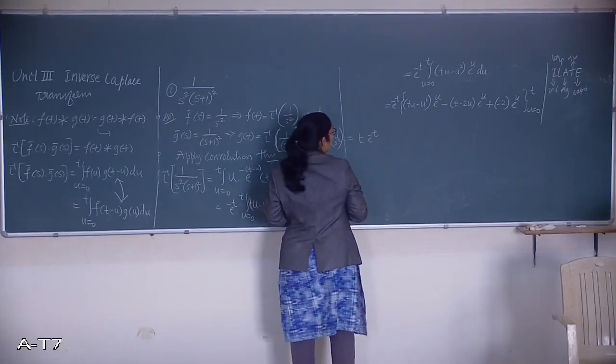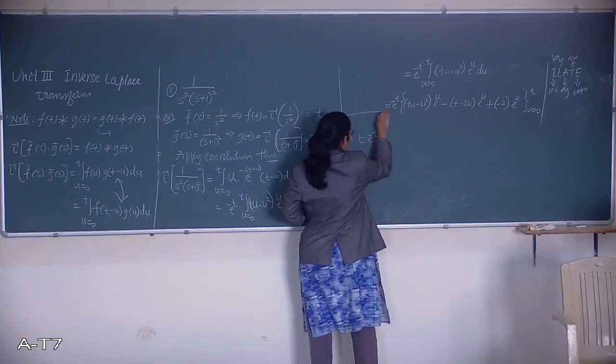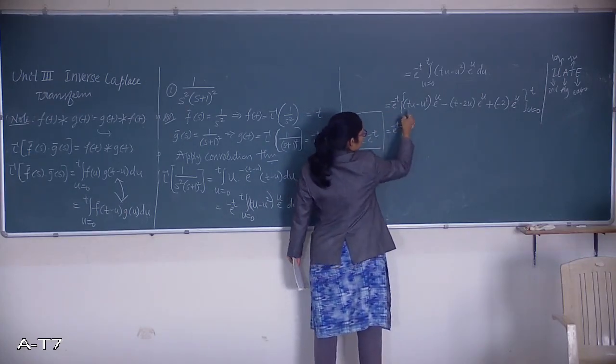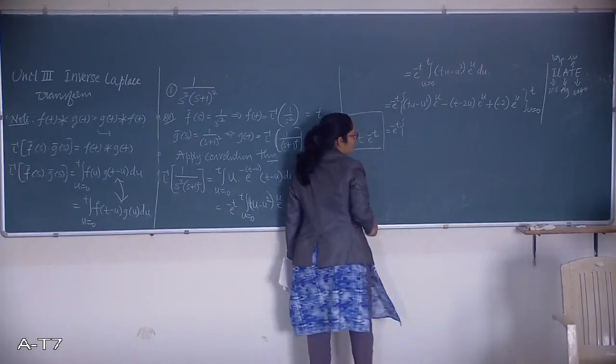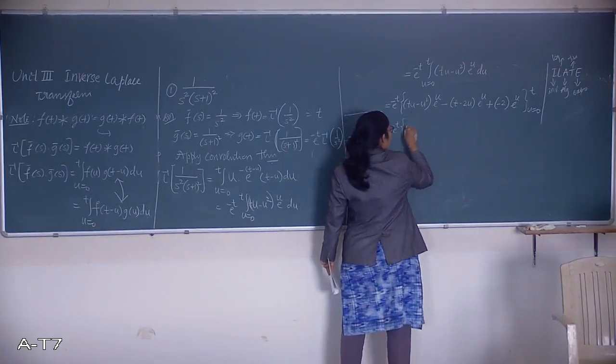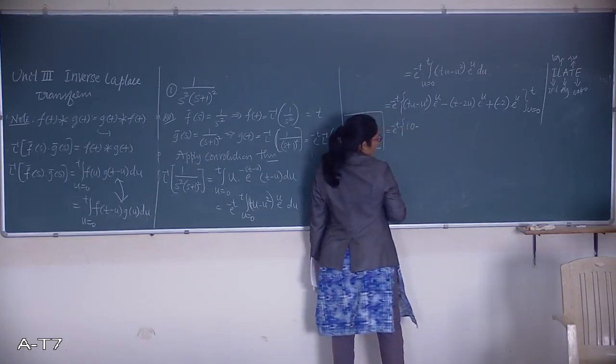So now when we substitute the limit, I am going to substitute first u equal to t, so that it will be t square minus 0.